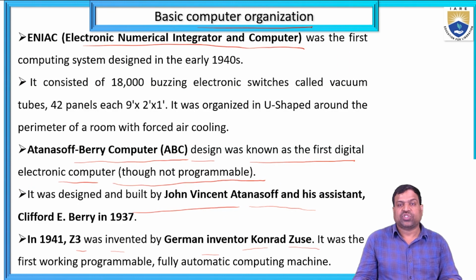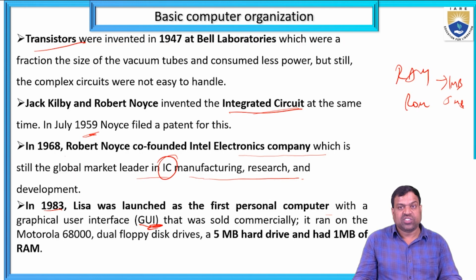The first computer systems were launched in 1940. After that, some small modifications came in 1941, transistors were used in 1947, and integrated circuits were used in 1959. In 1968, IC manufacturing research and development took place.